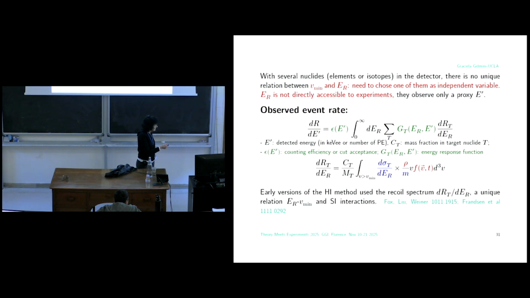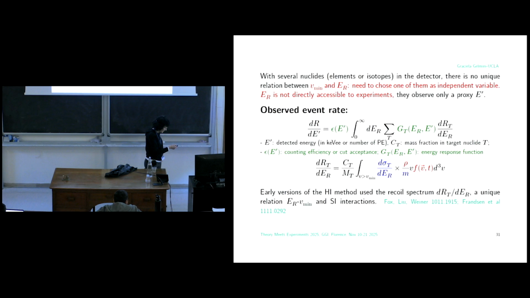At the beginning, the earlier versions of the halo-independent method used just a unique relation between ER and V mean, with SI interactions.